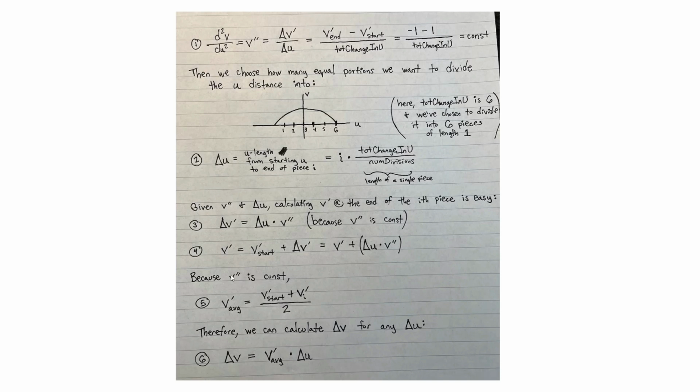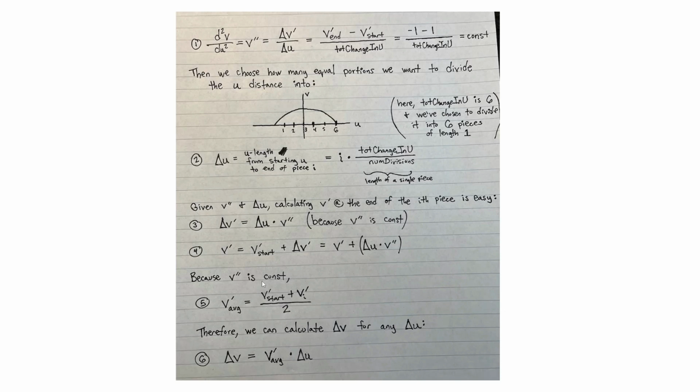And also because the second derivative is constant, because we're dealing with a parabola, we know that the average derivative is just whatever the derivative started at plus whatever it ended at divided by 2. So it's just the average of the start and ending derivatives for whatever interval we're talking about. And so therefore we can calculate delta V to be just the average derivative over the interval times the size of the interval. Okay, and you can think about that later if that doesn't make sense.